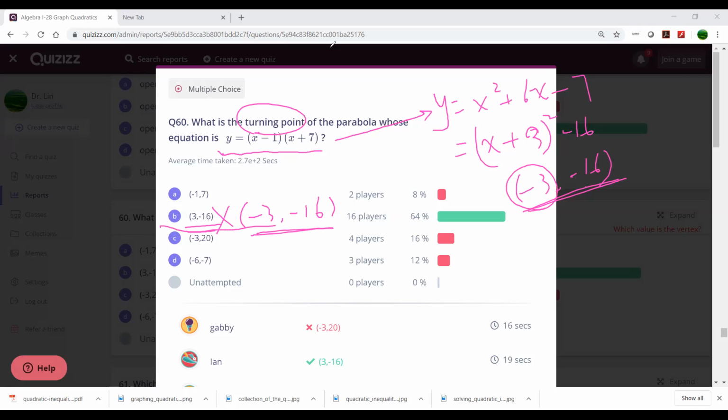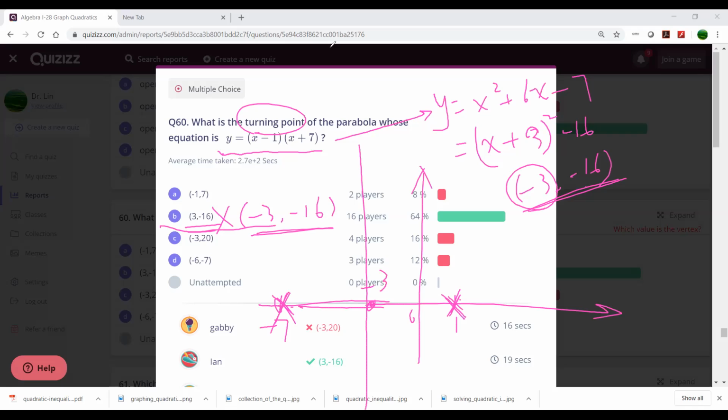Also, we can use a second method. If you graph this parabola, you can notice that one x-intercept is positive 1 and the other is -7. What's the middle point? These two points are the x-intercepts, so the middle point is -3. Since a is greater than 0, its mouth opens up.